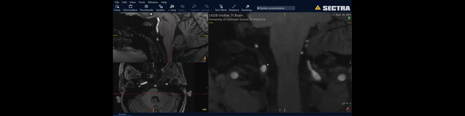So these that are climbing are going to be facial and vestibulocochlear as they ascend to get into that internal auditory meatus, whereas these more horizontally located are going to be glossopharyngeal and vagus. And as we look inferiorly, we can potentially even make out this here is going to be the spinal accessory nerve.